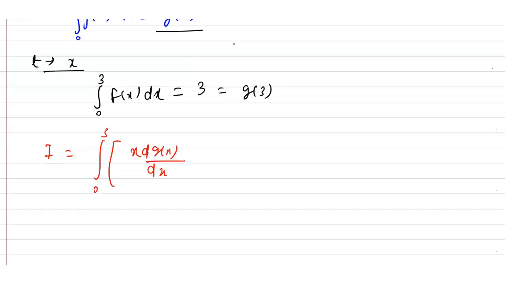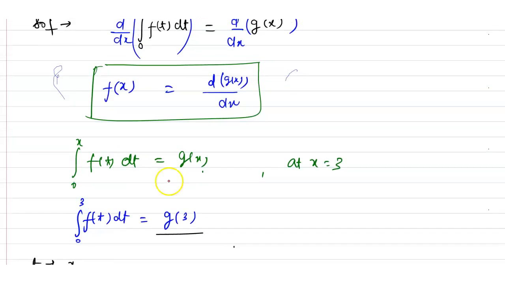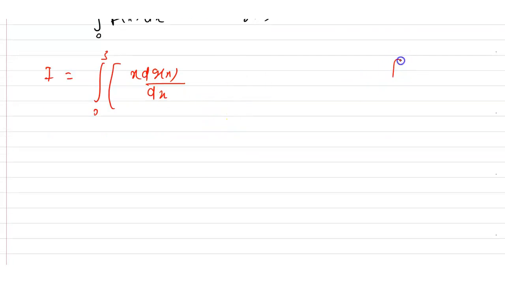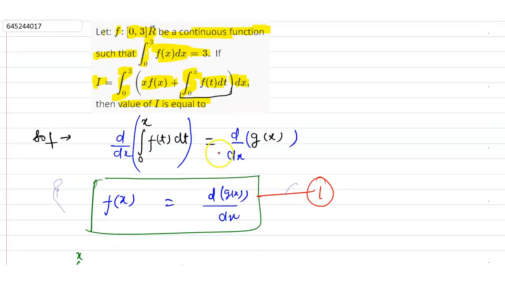We can replace f(x) by dg(x)/dx, because I found this over here, which you can write as equation 1. And the integral from 0 to x of f(t) dt is nothing but g(x), as we already assumed.